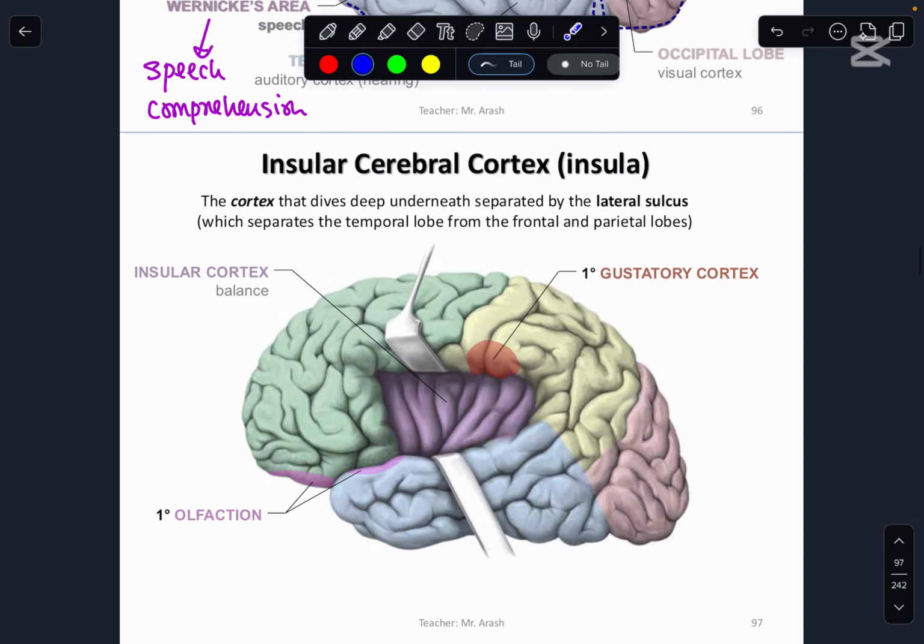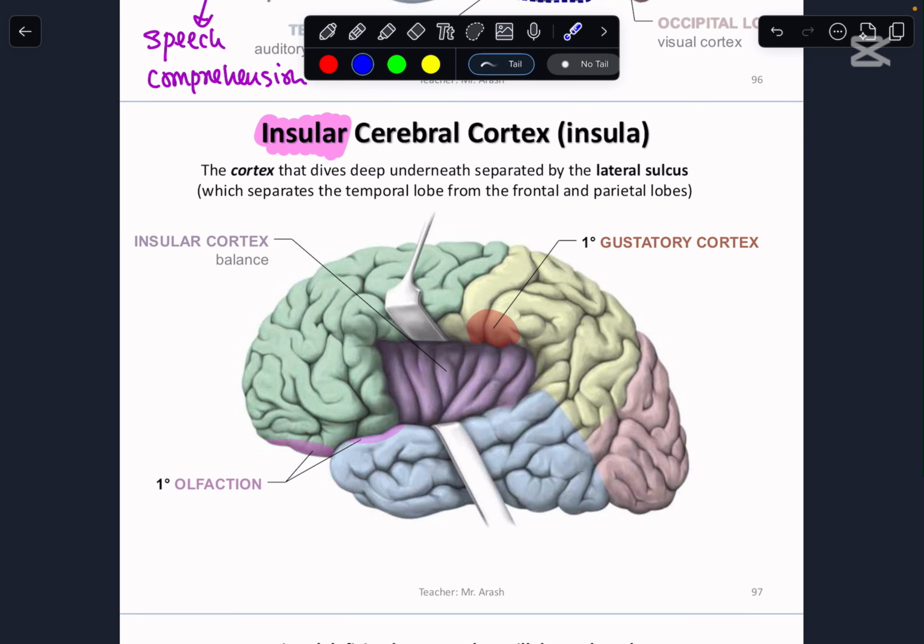The insular cortex, that's the cortex that folds back inside what we see on the front. Again, if you remember what I did with the paper in class, first it was a completely flat surface, and I kind of folded it into this structure.